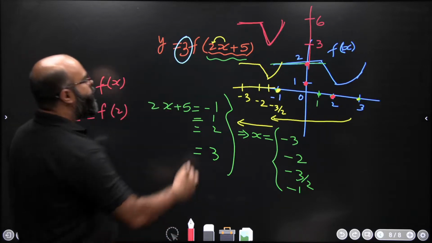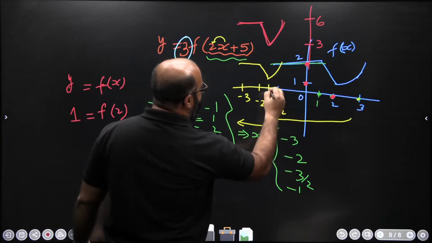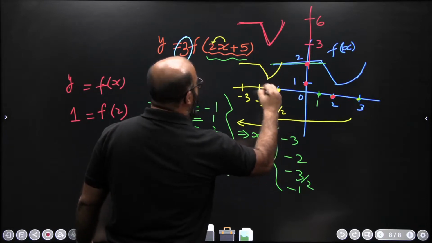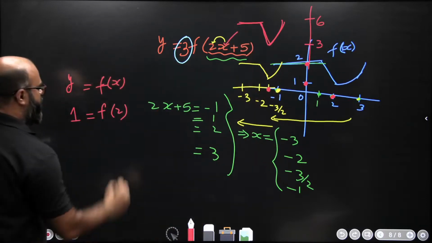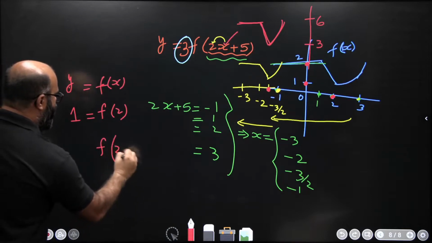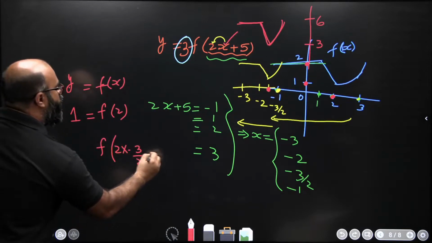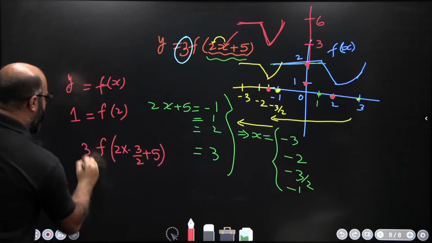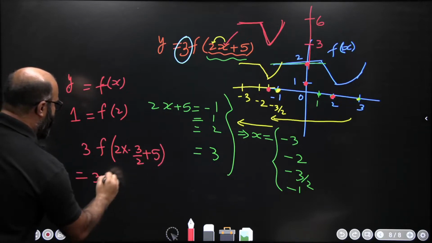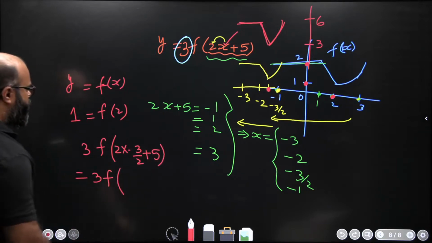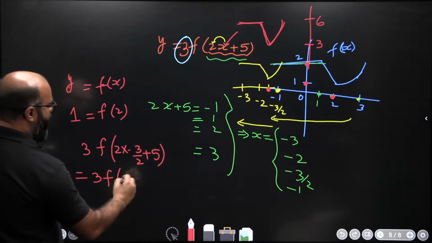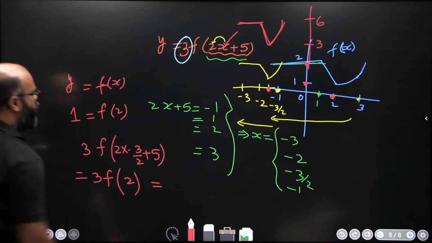Let us see. I am taking the value minus 3 by 2 and putting it in place of x. So f of 2 into minus 3 by 2 plus 5, into 3. Let us calculate this. So 3 into f of, this would become 5 minus 3, which is 2. So 3 into f of 2.